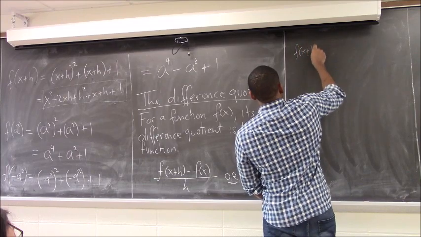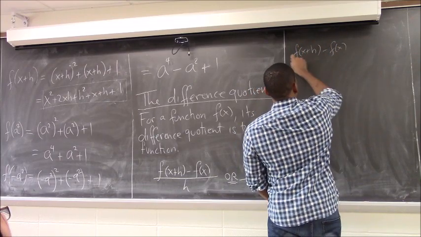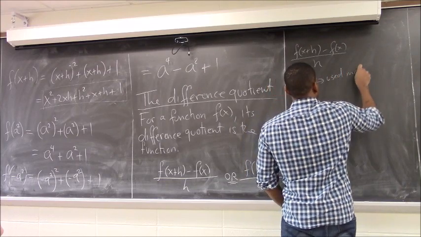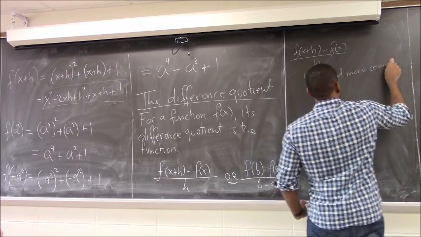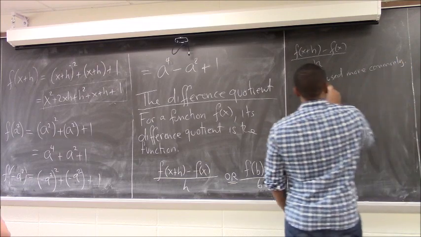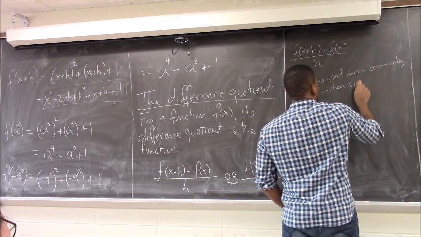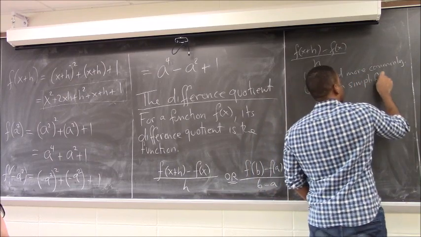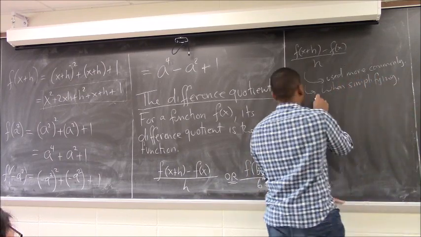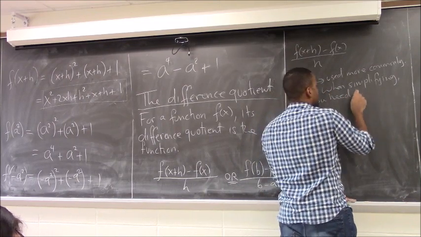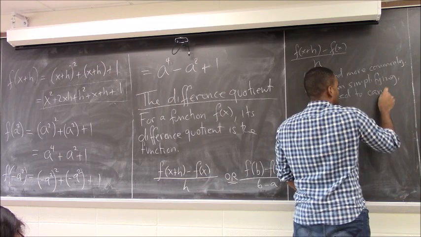So f of x plus h minus f of x over h. This is used more commonly. When simplifying this expression, you need to make sure that whatever simplifying you do, you cancel the h.